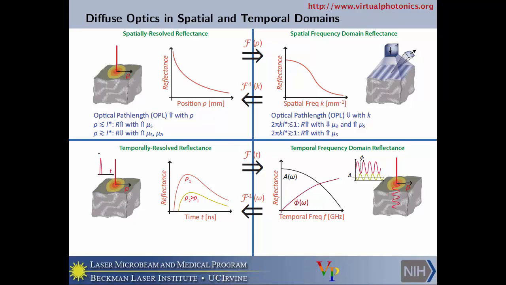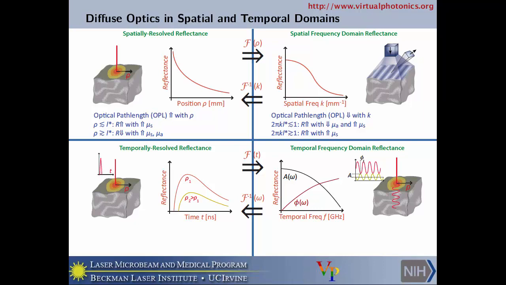And I just want to summarize where in measurement space one has sensitivity to the optical parameters of interest. So generally, in spatially resolved reflectance, you illuminate the target with a narrow beam of light. You measure the reflectance at multiple distances away.